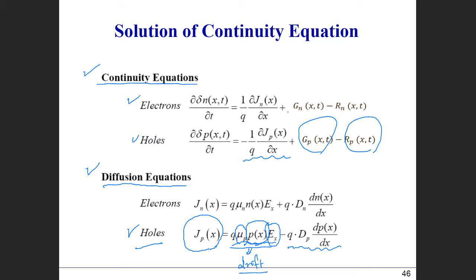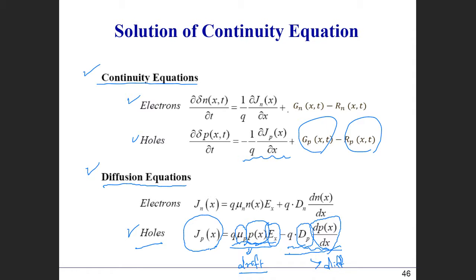Diffusion current is related to the concentration difference. So in space, if you have a change of concentration, that gives us the current flow, which follows the diffusion coefficient. This coefficient shows how fast the diffusion happens in the material. Using this equation, you can calculate the diffusion current.